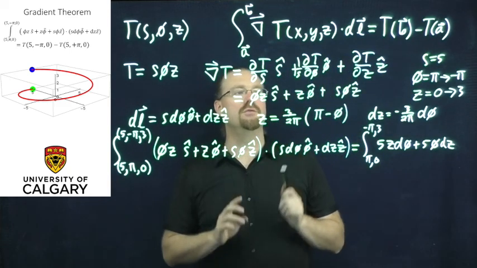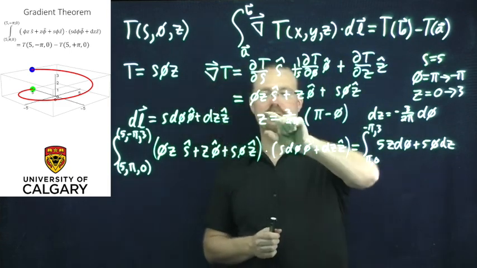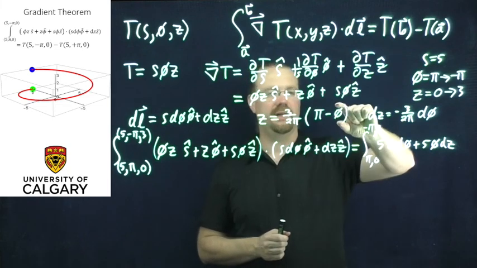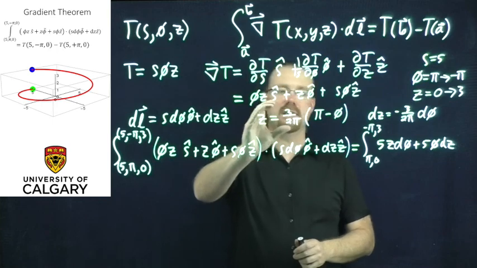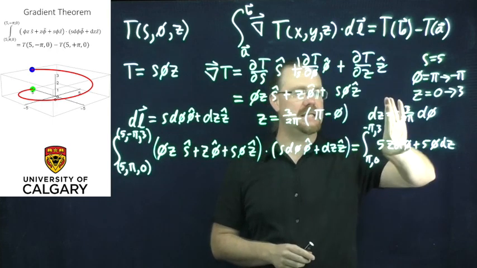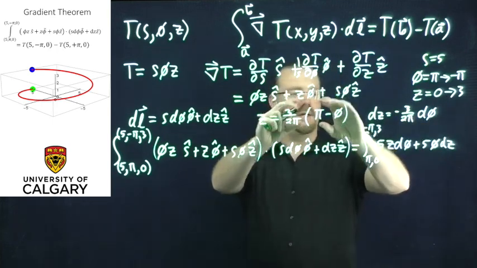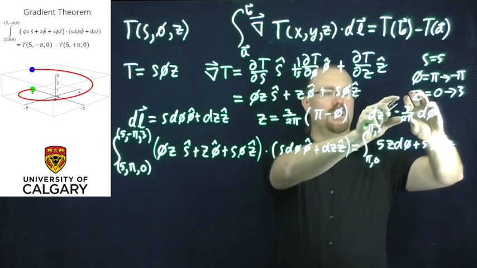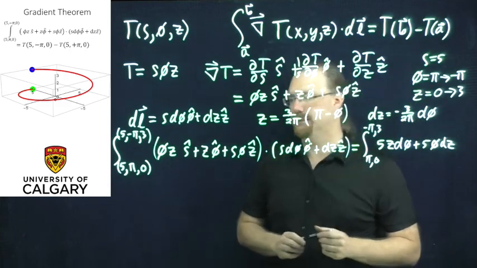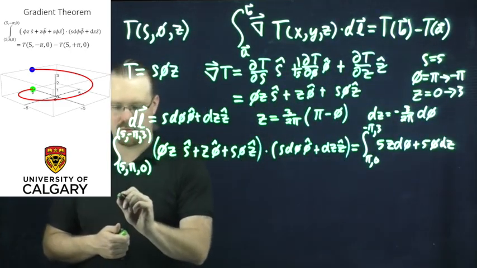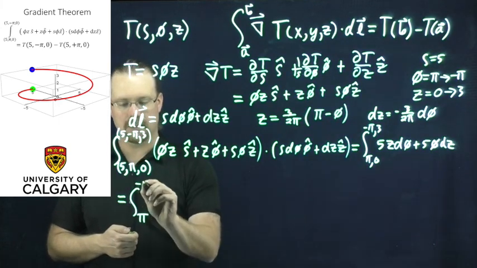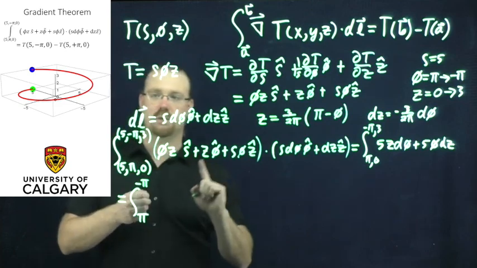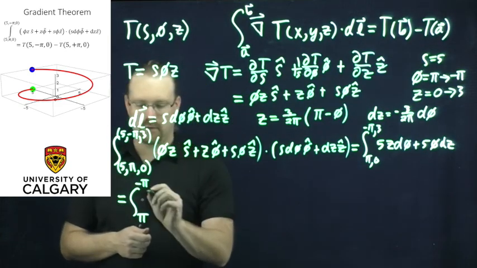Now it's going to prove useful to have this relationship between z and phi and dz and d phi. Because we've got a z equals stuff and a dz equals stuff, we're going to plug this into our z, and plug this into our dz. So we're now integrating from pi to negative pi, because that's what we're doing on our spiral.